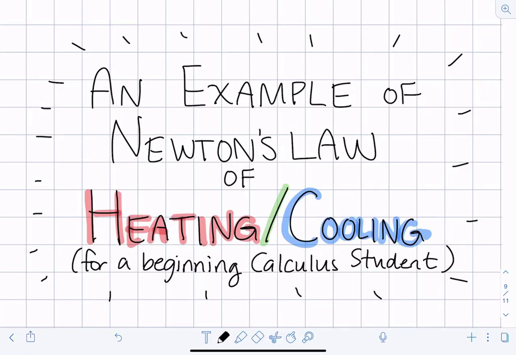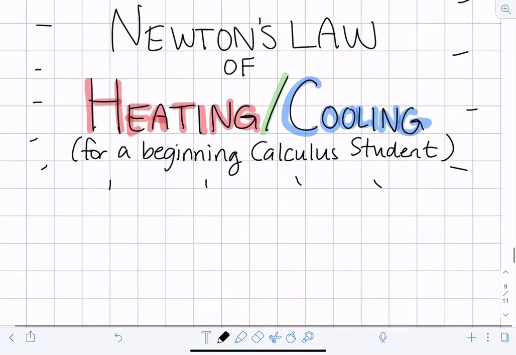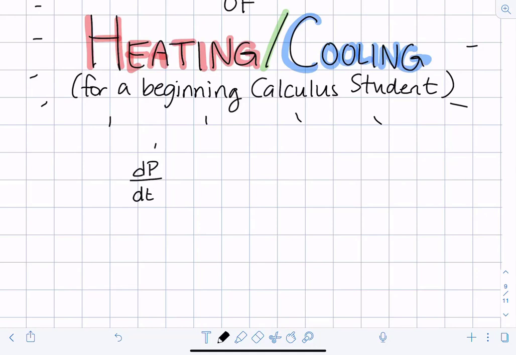This is for a Calc 2 introductory exploration of the topic, and there's definitely been a lot of simplifying assumptions made. So we're going to be working in single variables today, and the most basic Newton's law of heating and cooling would be that the rate of change of the temperature, so I like to use P for temperature, over time, and we're going to assume that's equal to our constant of proportionality times the difference of the ambient temperature minus the temperature function.